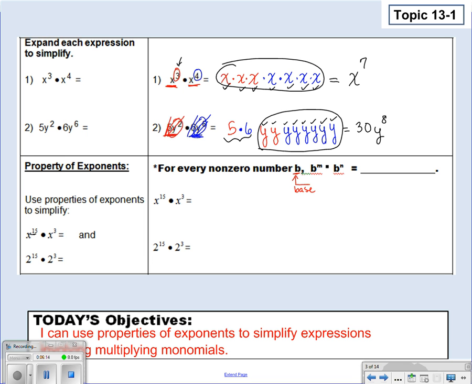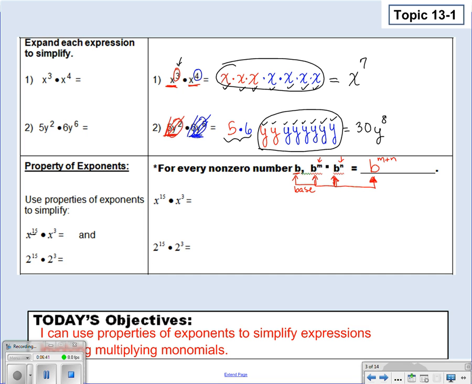So basically what I have is a number, that base raised to the power of m, and I'm going to multiply it by another number that has the same base, but now it's raised to a power n. Then my result can be that same base we started out with in both of those, and then it's m plus n. So what you'll notice is I start off with the same base and I end with the same base.